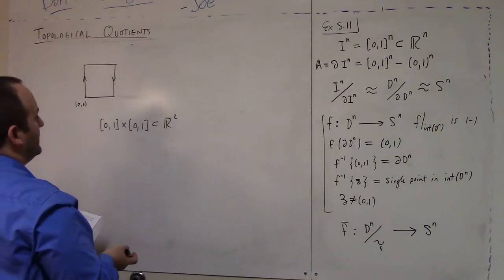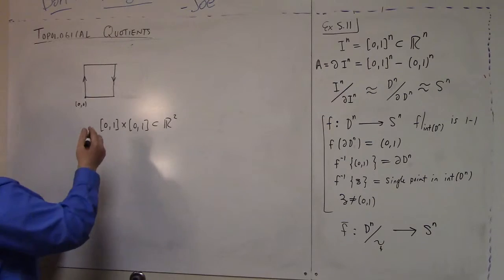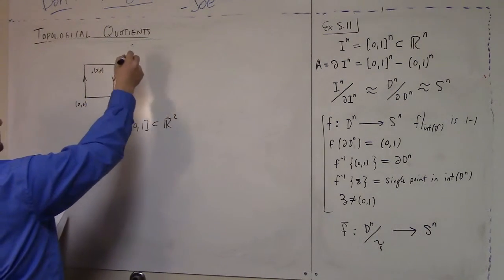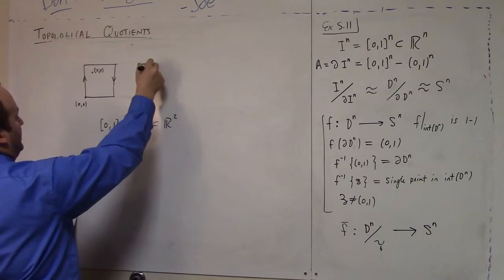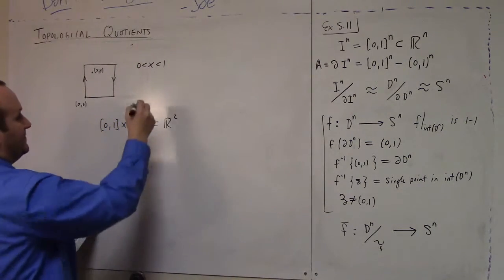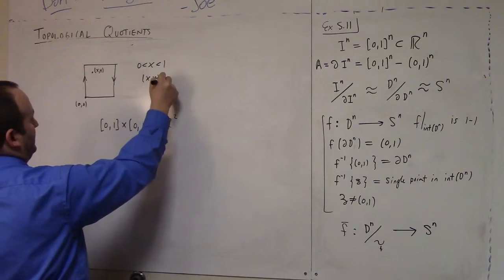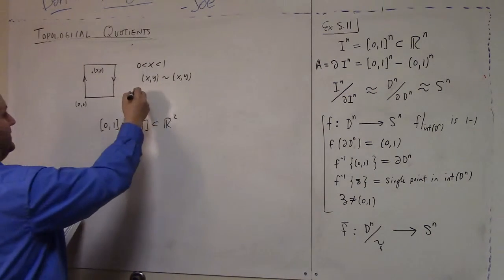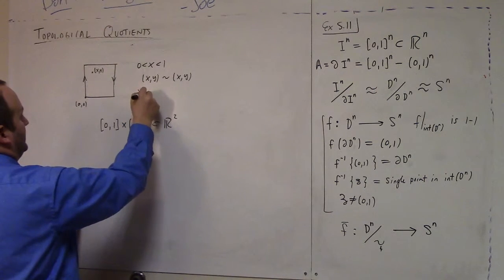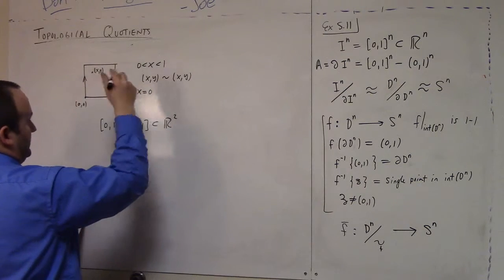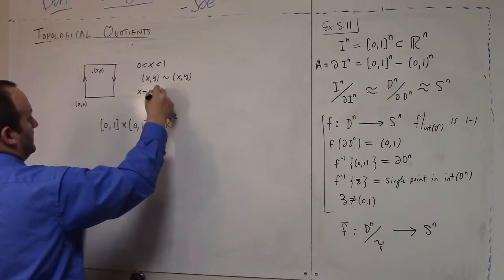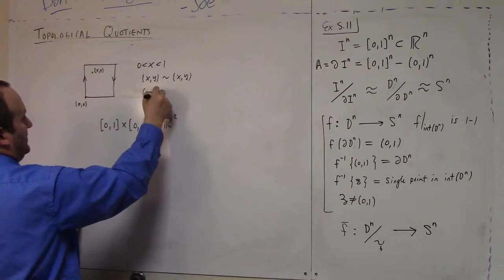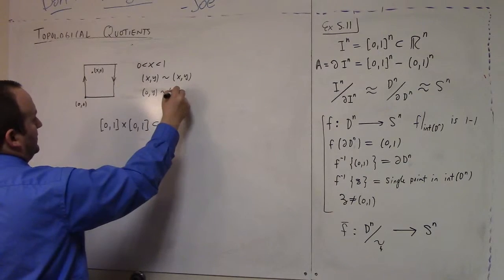But anyway, what does it say? If I've got the point (x, y) where 0 is less than x is less than 1, then (x, y) is equivalent to (x, y). That's it. If on the other hand x is equal to 0, then (0, y) is equivalent to (1, 1 minus y).